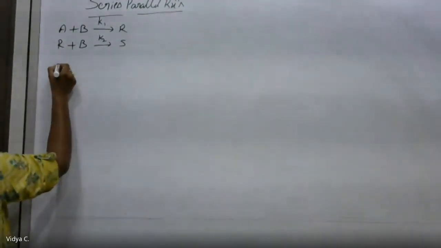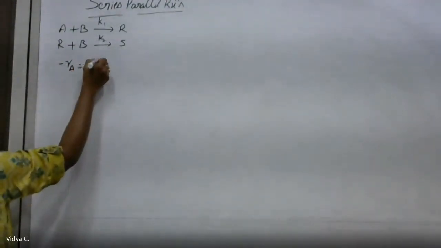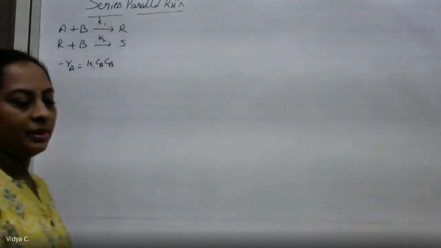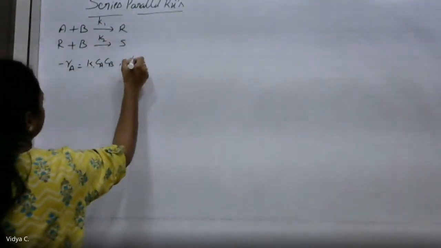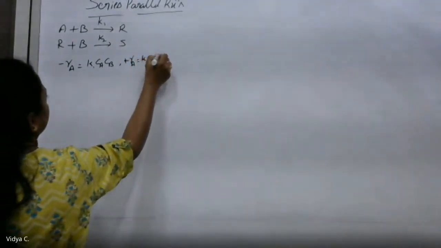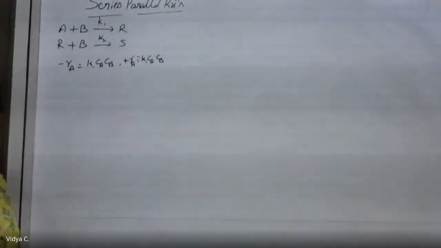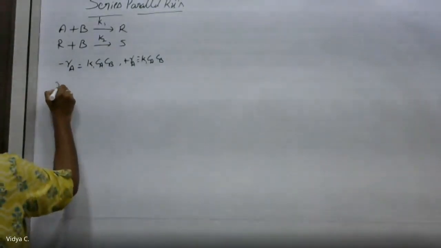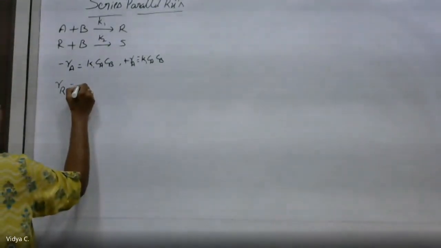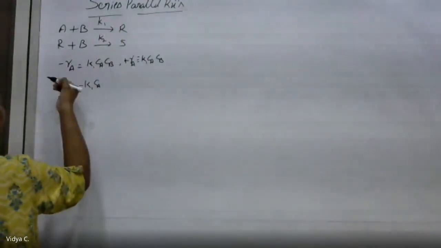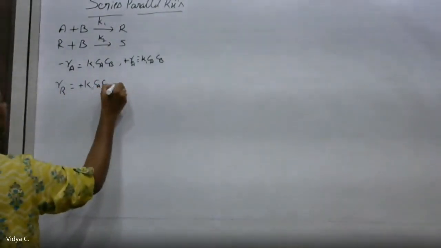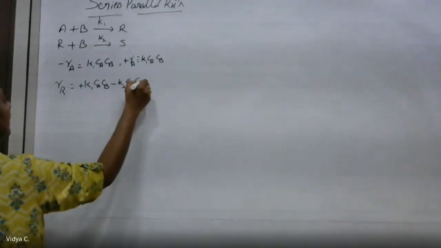If I write minus RA, this will be K1 CA CB. If I write this as plus RA, it will be K1 CA CB minus K1 CA CB. And if I write RR, R is a product, so it will be plus K1 CA CB minus K2 CR CB.